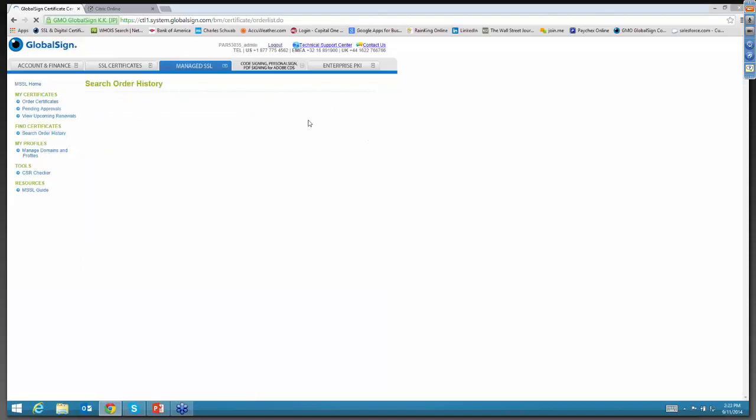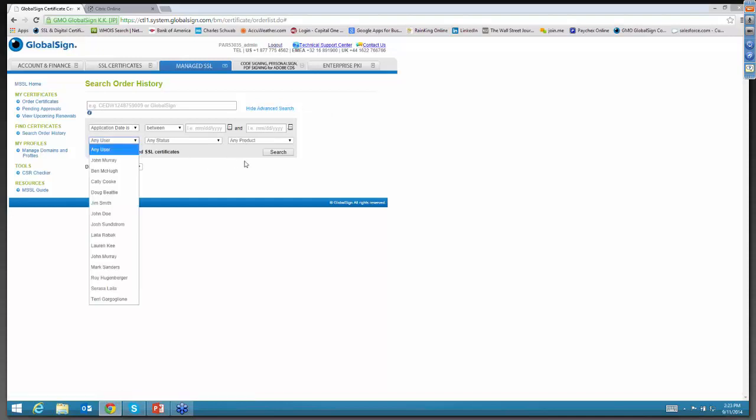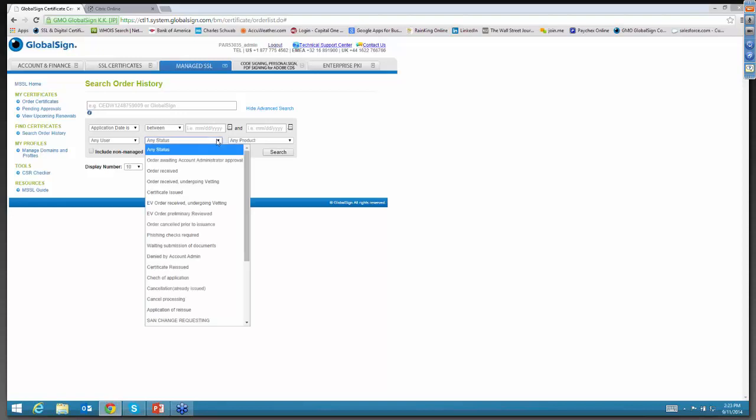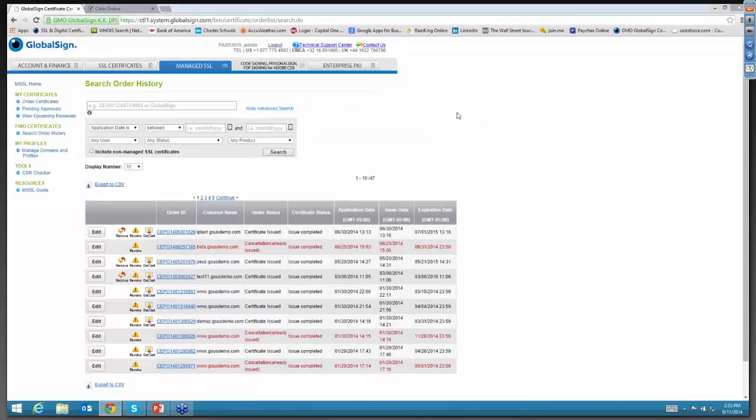You can get into more complex searches if you're looking for specific things, for instance who might have processed the order, or the status of orders. You can look at when the certificate was issued and do date ranges. So you can slice and dice all the information. It's all being collected in one spot, so you'll be able to report on all your certificate usage.